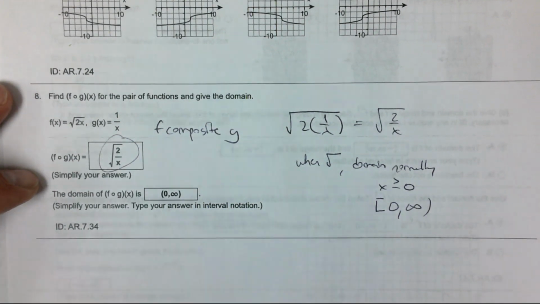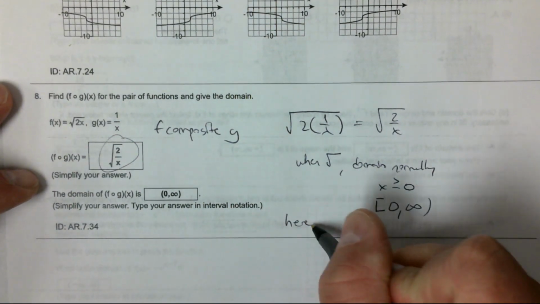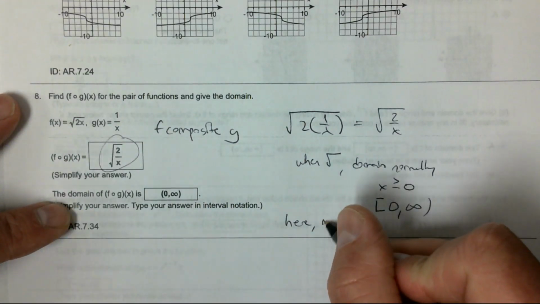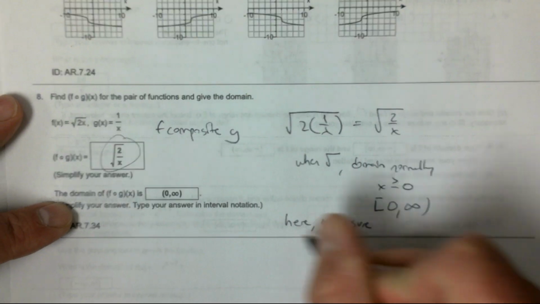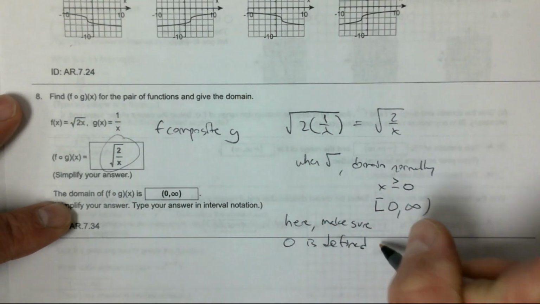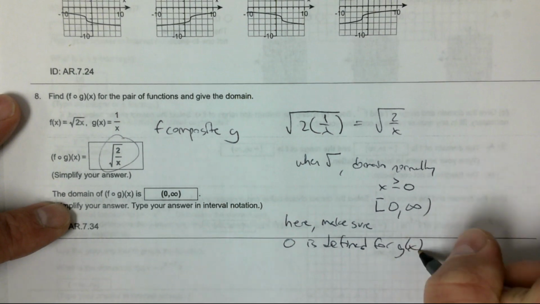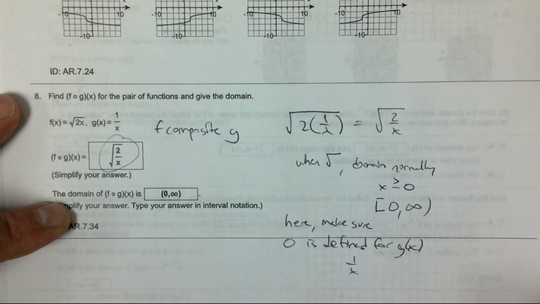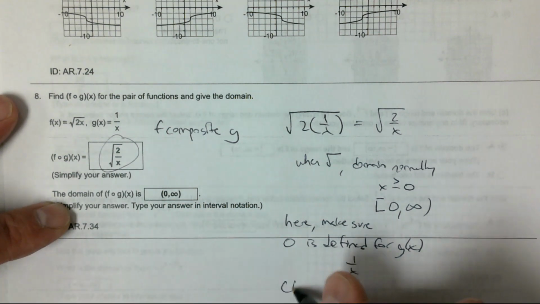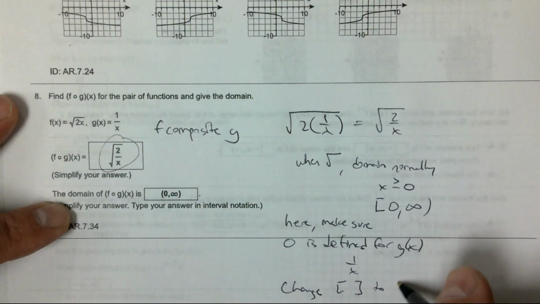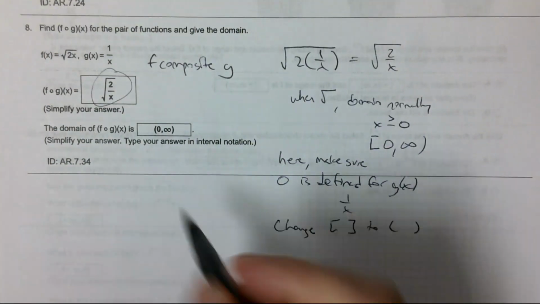Now here we have to make sure it's defined for g also. Make sure 0 is defined for g of x. And since it's 1 over x, it isn't defined. And so then you got to change the bracket to the parentheses. And so that's why we get 0 to infinity.